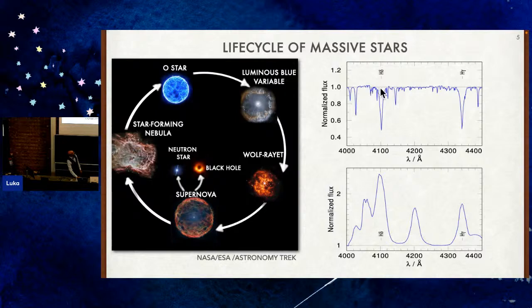What is important is that you can see these very large dips of diminished light output, which we call absorption lines, at given frequencies. In contrast, Wolf-Rayet stars are characterized by broad excess of emission, which we call emission lines.